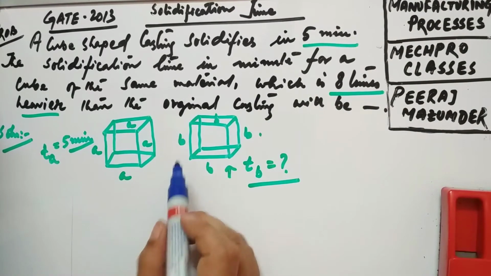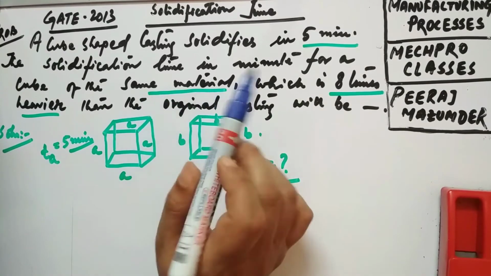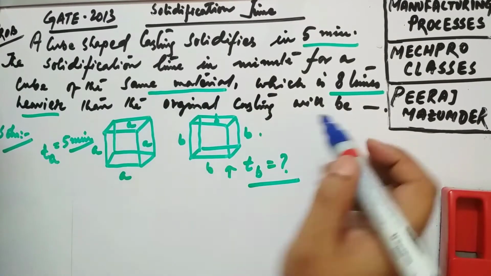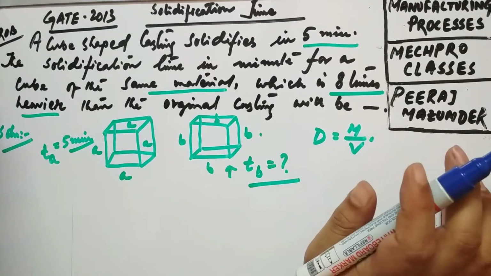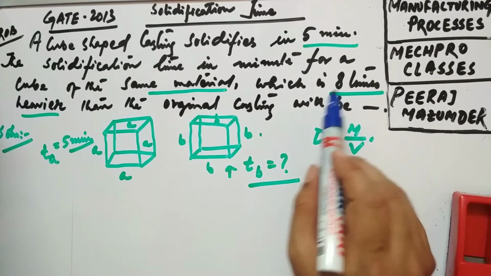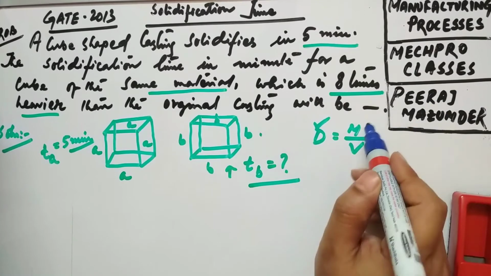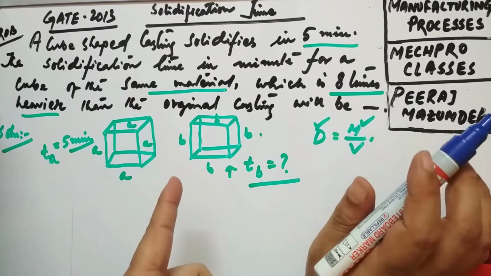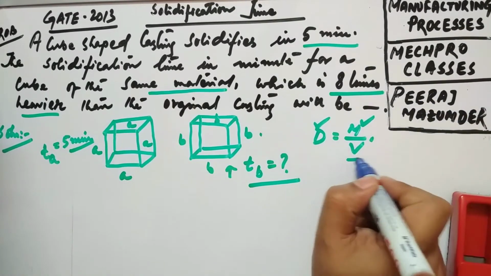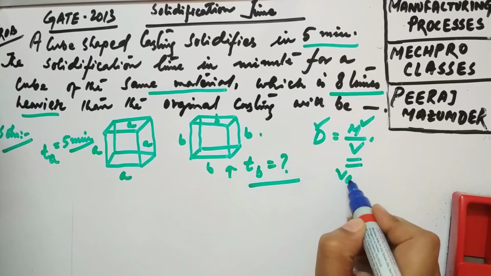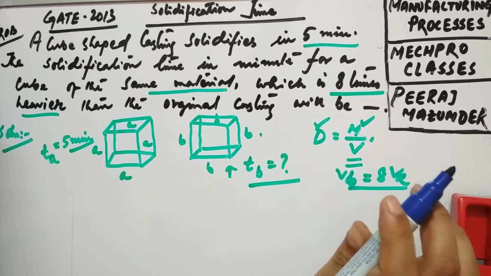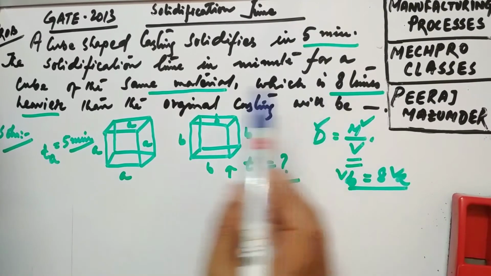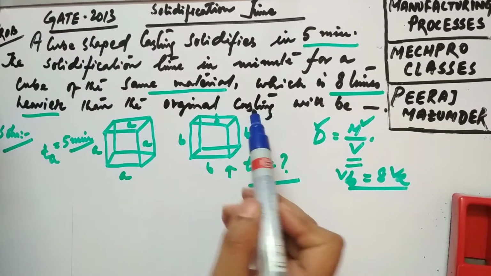Now look, it is saying that it is made up of the same material. Now you already know density equals mass by volume. Okay, so same material, density is constant, so you can directly write VB equal to 8 times VA. Why? Because it says 8 times heavier than the original casting, this second one.